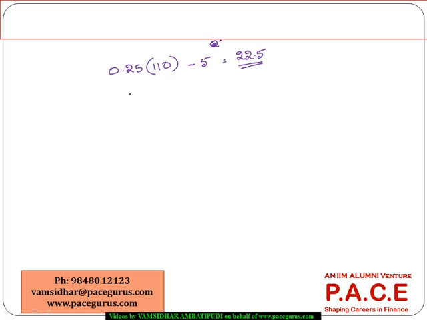And similarly, if the stock price goes to 90, the worth is 0.25 times 90, which is also 22.5. So the worth of my portfolio is going to be the same 22.5 even if the stock price goes up or goes down.